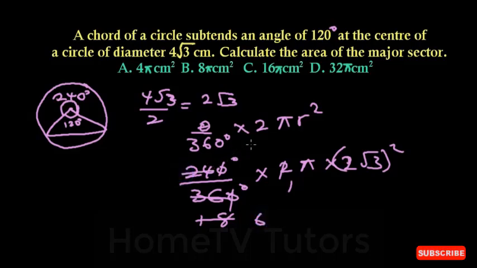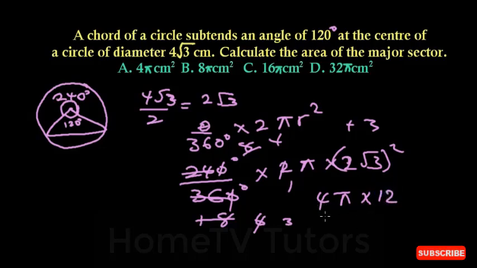So we now have 4 pi over 6 times 2 root 3 squared, which gives us 4 times 3, so 12.